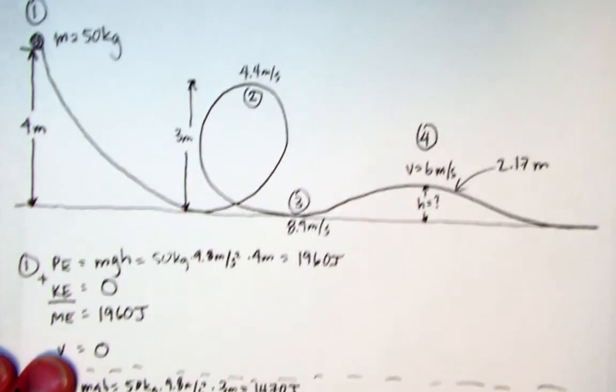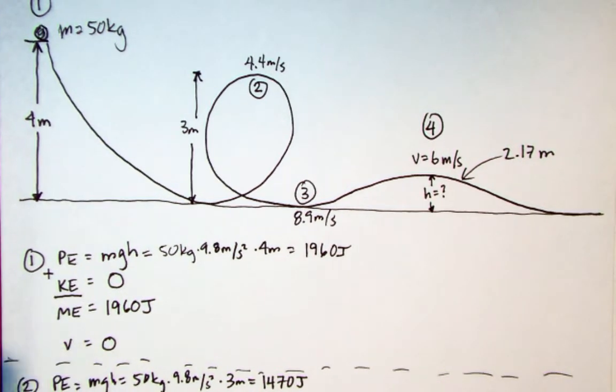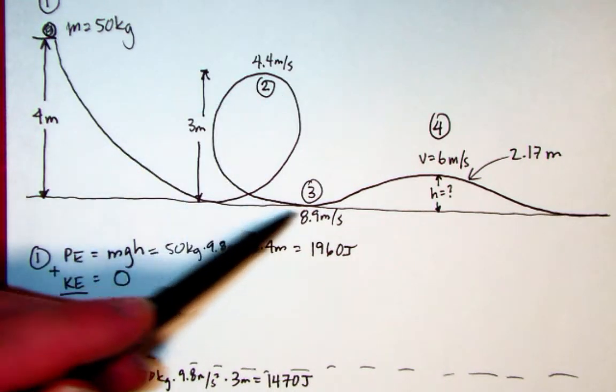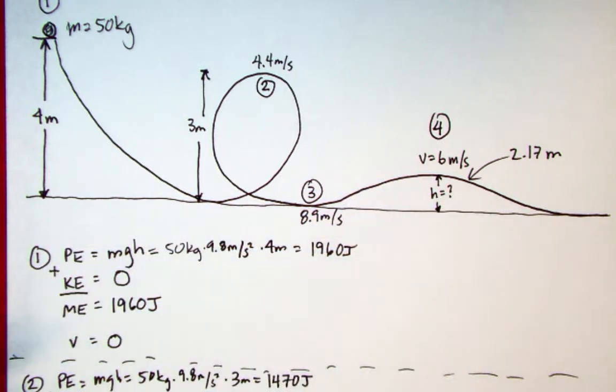So again, roller coasters, pendulums, they're really good examples of showing the law of conservation of energy because they show how you're constantly changing from a lot of potential to a lot of kinetic to something in between, back down, back up. It's constantly changing, but the total amount of energy never changes.